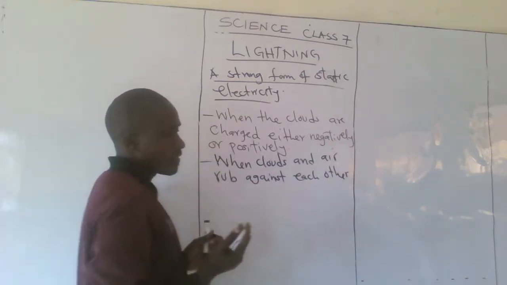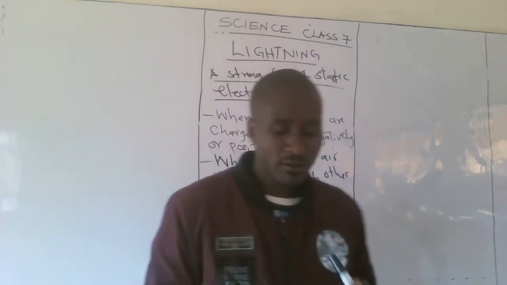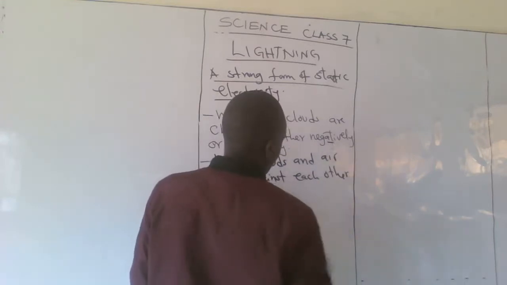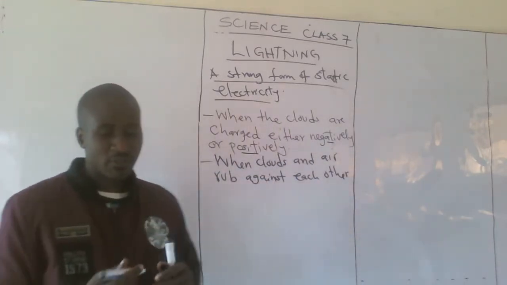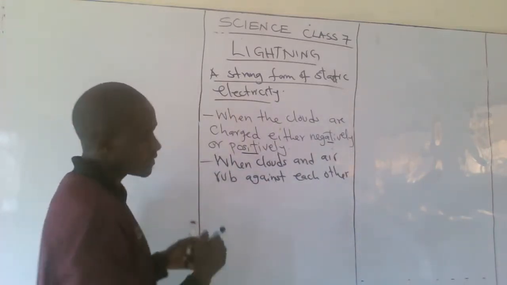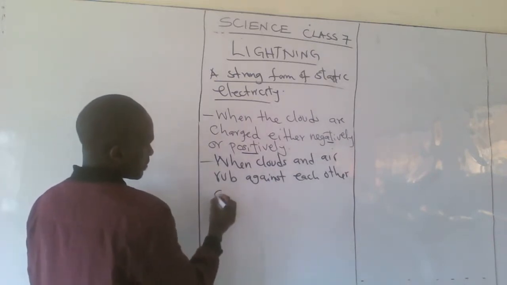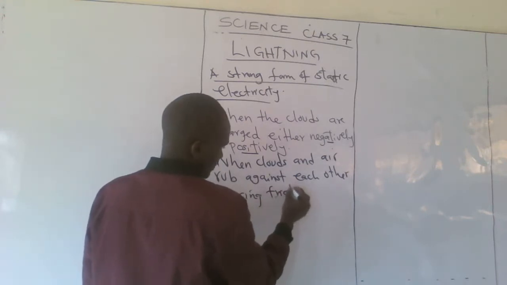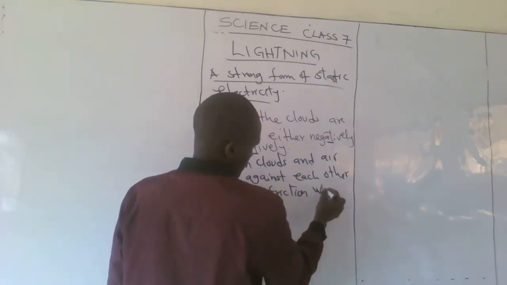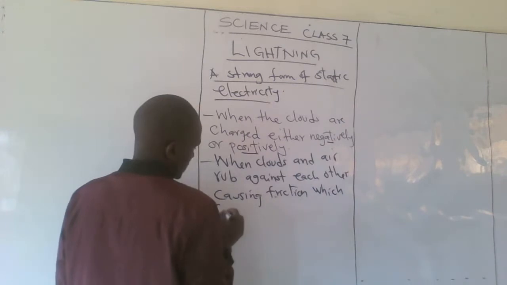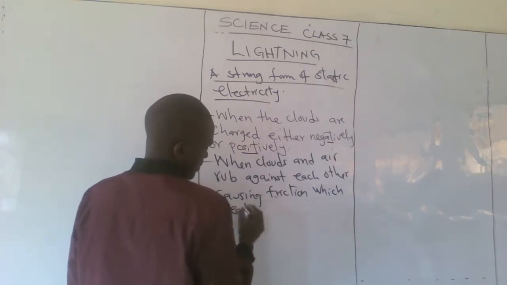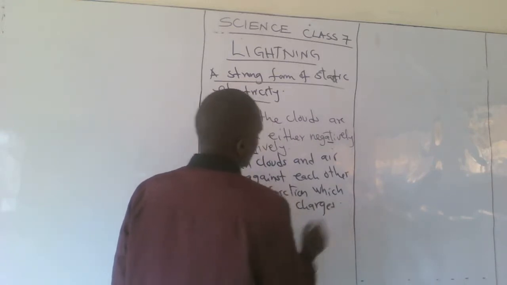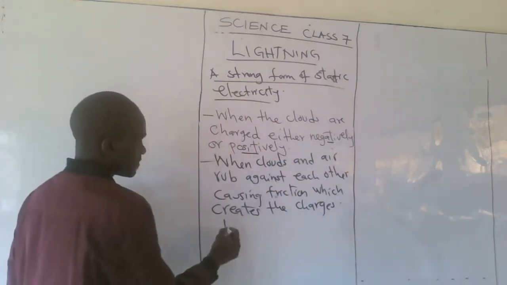The rubbing creates the charges which we have said, either negative or positive charge, and that happens because there is friction, which creates the negative and positive charge.